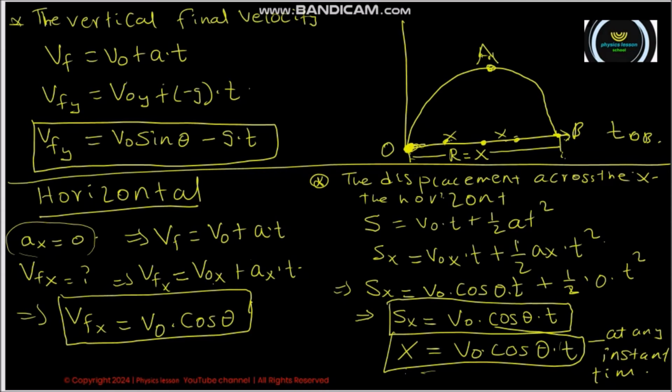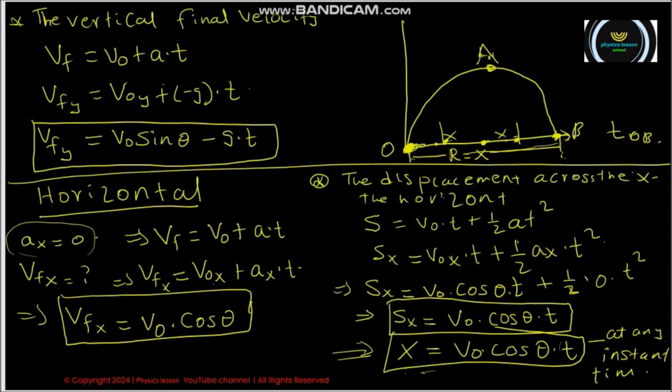But for the horizontal motion, R from O to P is the range, the total displacement. If you are asked at this point, at any point here or here, at any instant of time, you use this formula. But if you are required R, the total, you have to use this equation, and we have to use the time.